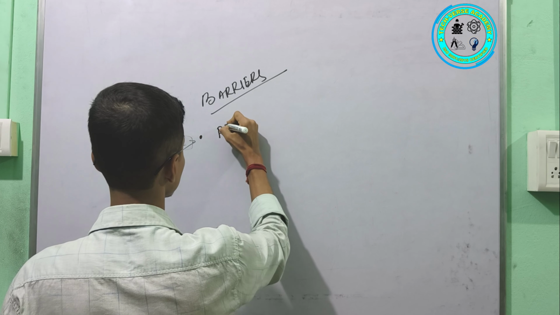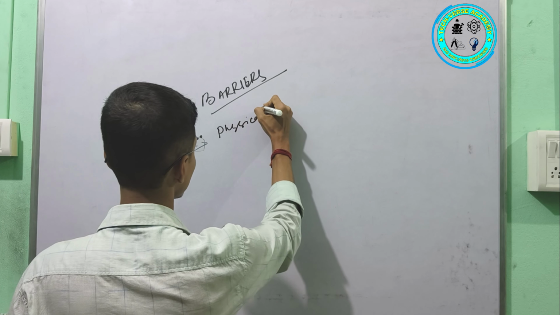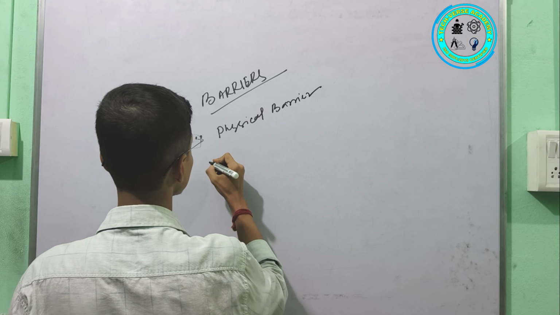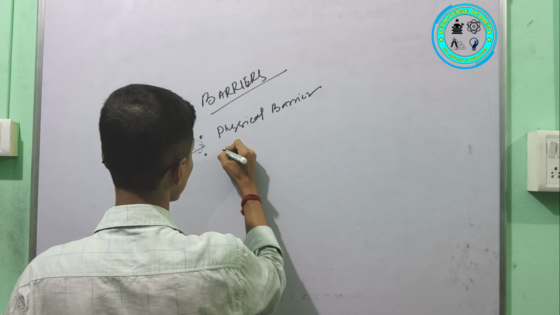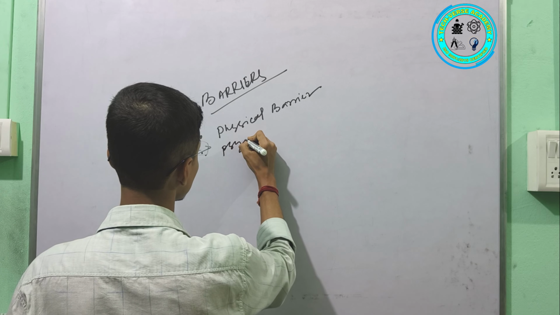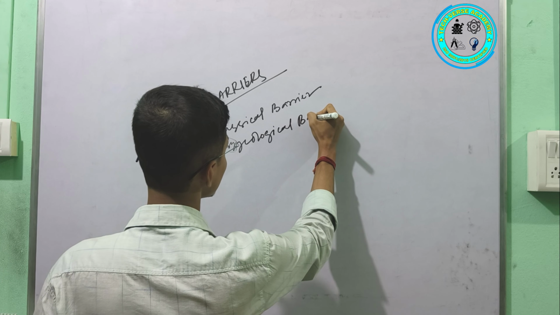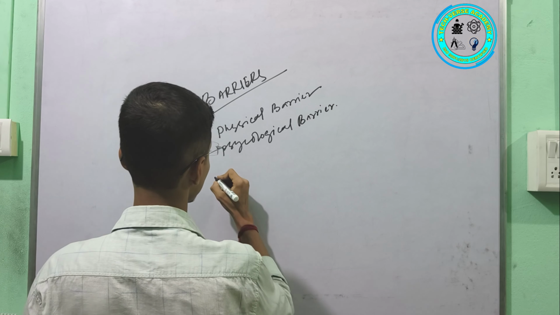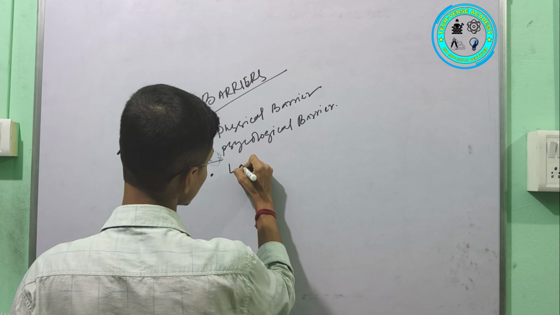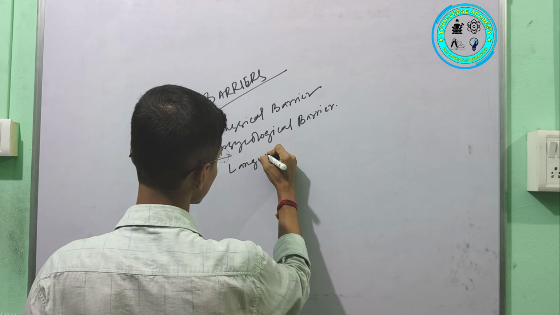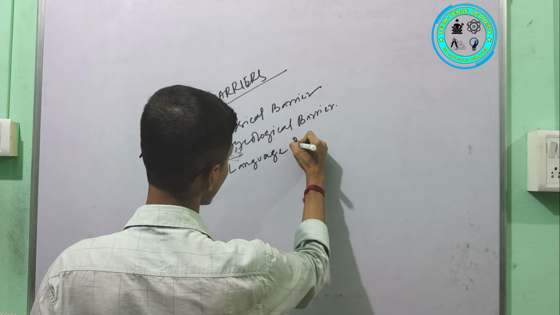First one is physical barrier. Second one is psychological barrier. Third one is language barrier.